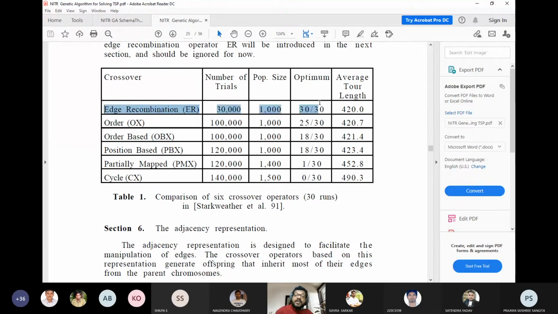So this is the best solution with 420, obtained with a population size of 1000. So the author's claim is that the type of crossover is edge recombination. When you study this type of paper, keep one thing in mind: keep yourself open to how a new thought will come, so that you can find a new solution.